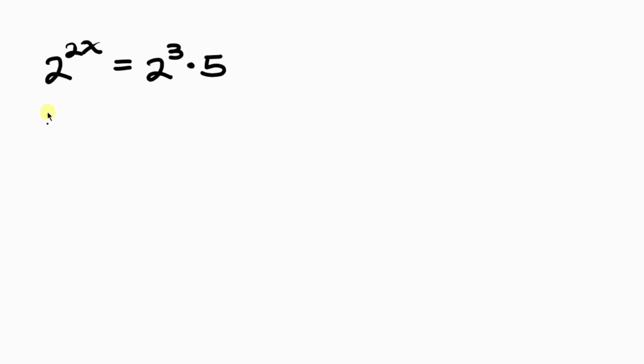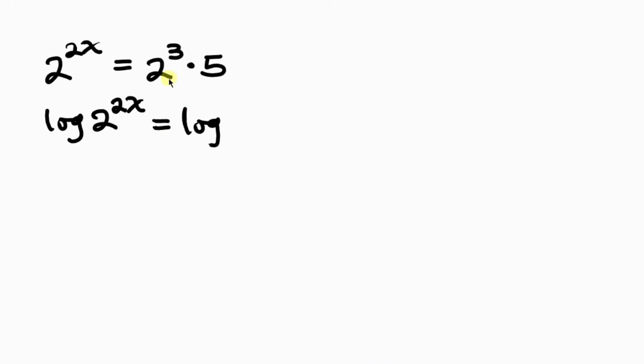So I'll take the log of the left hand side, which is 2 to the power of 2x. I'll also take the log of the right hand side, which is 2 to the power of 3 times 5. Good. Now we can apply the property of logarithm to the right hand side.